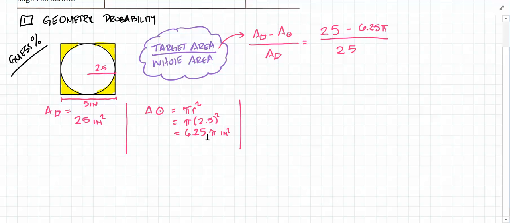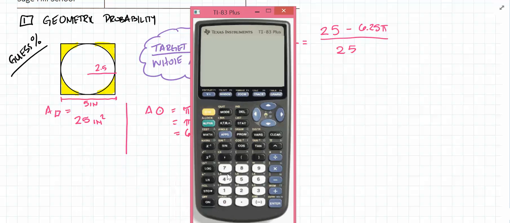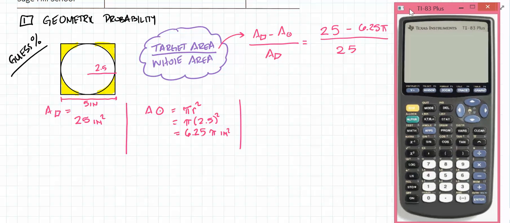So take a calculator out, and I'll show you how to do it. I want to plug in this expression in my calculator. I'm going to put a parenthesis and say 25 minus 6.25, and then hit pi. The pi is the second caret button right here. So that is my numerator, 25 minus 6.25 pi.